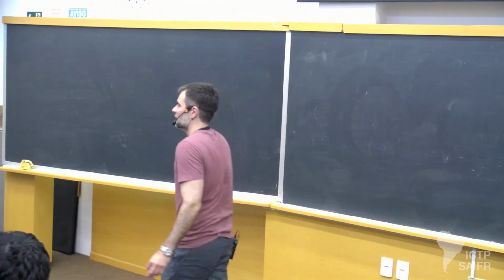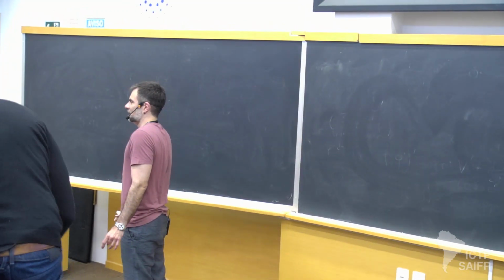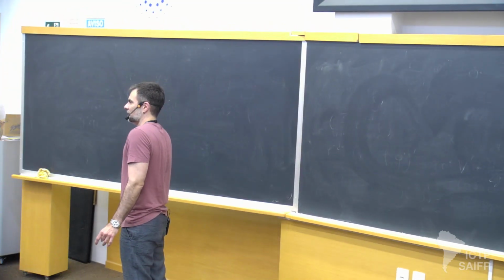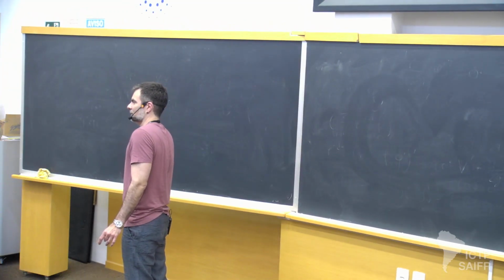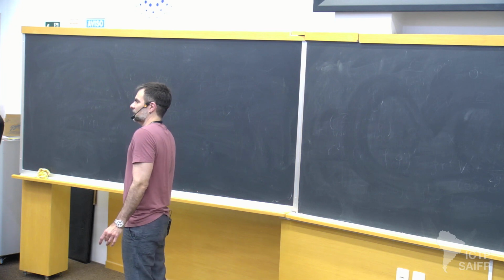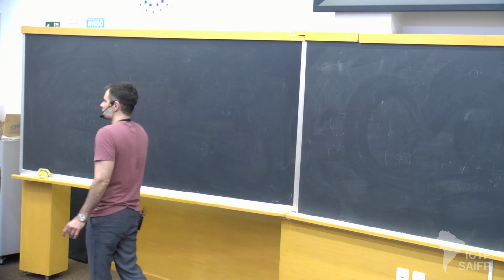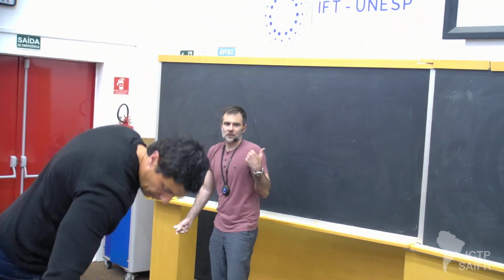Yes? Is there a simple diagnostic that tells you that it came from an RG flow from a relativistic theory? Is that a special subclass of theories that have special features? Well, right.